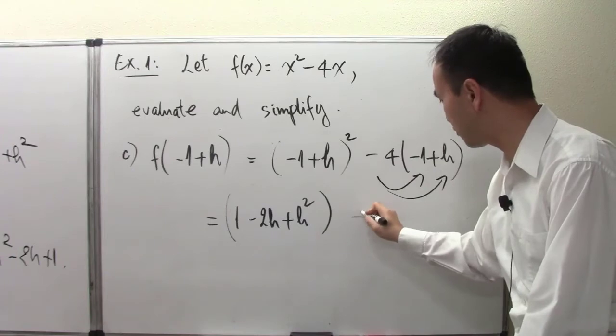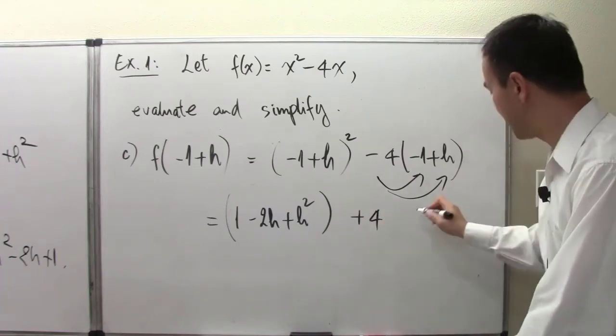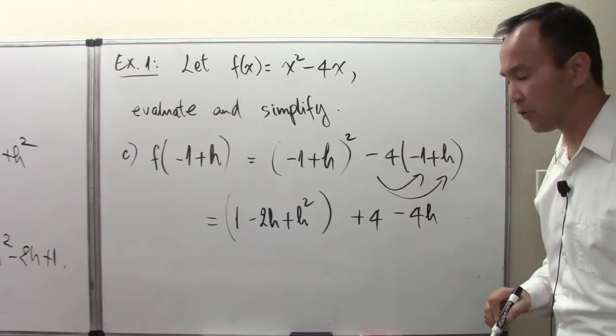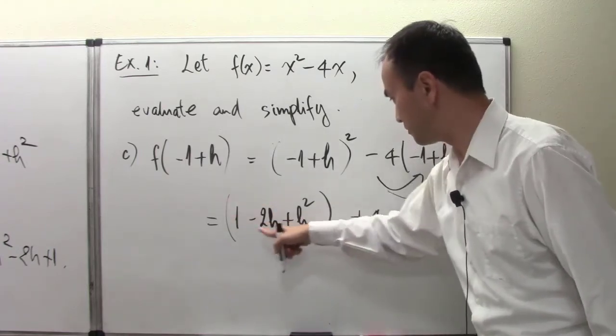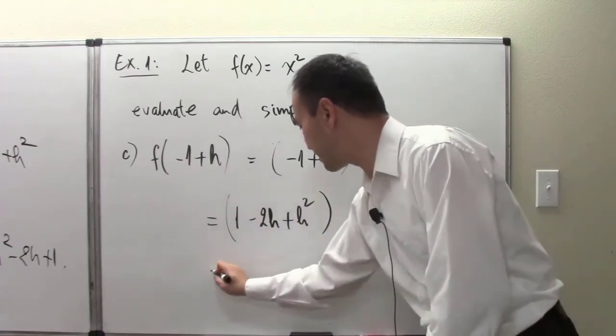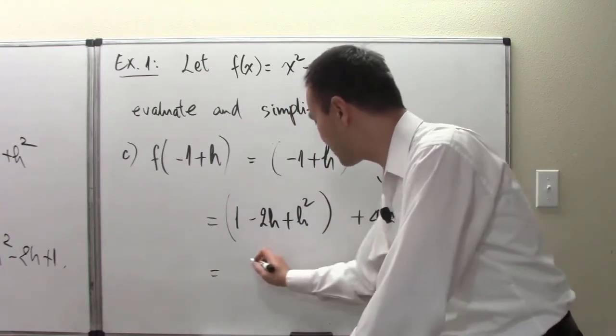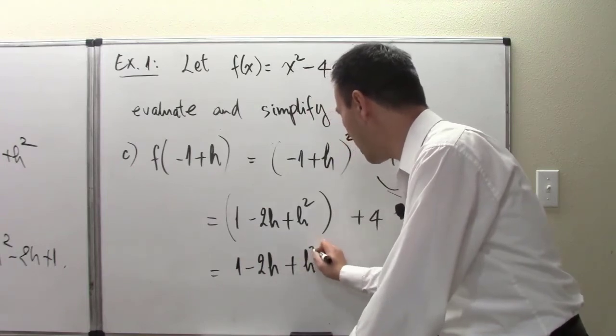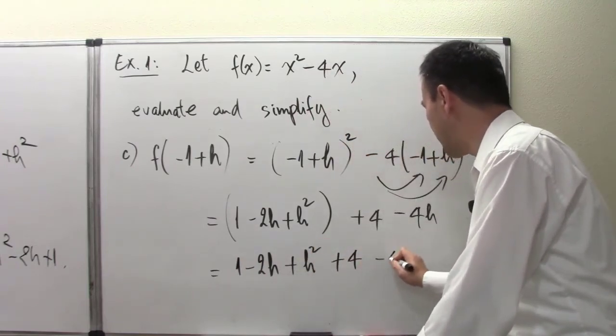So now I'm looking at plus 4 minus 4h. And then I am going to safely remove the parentheses here, similar to the earlier problem. So now I'm looking at 1 minus 2h plus h squared plus 4 minus 4h.